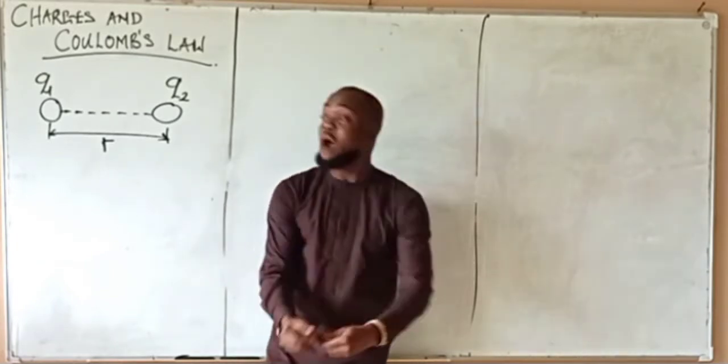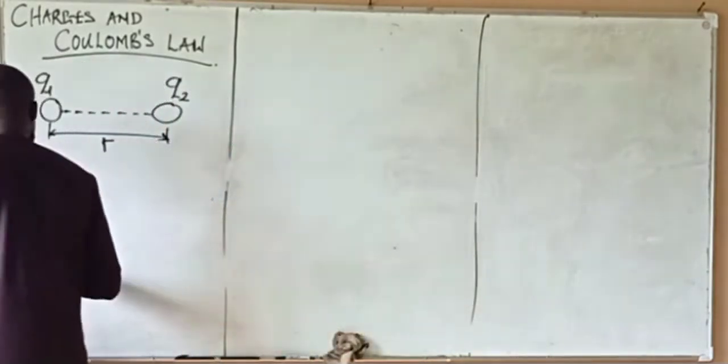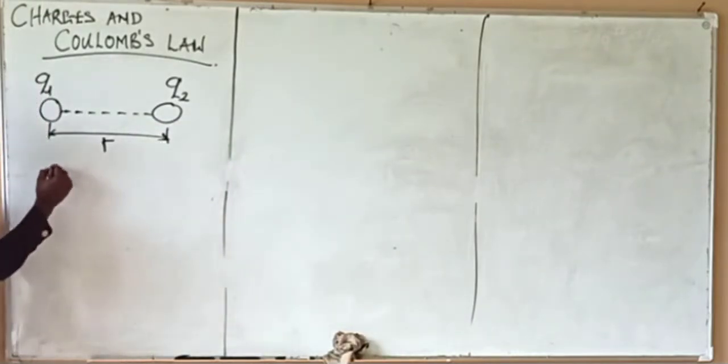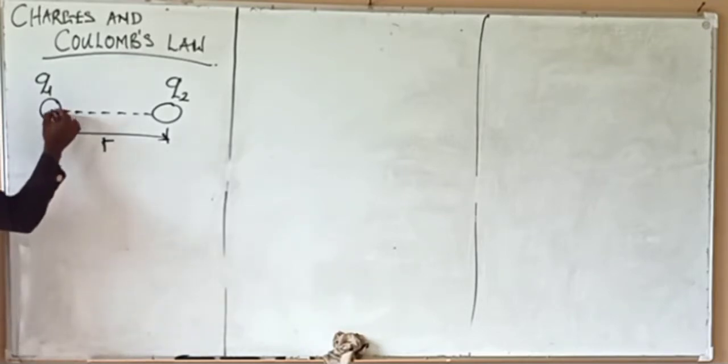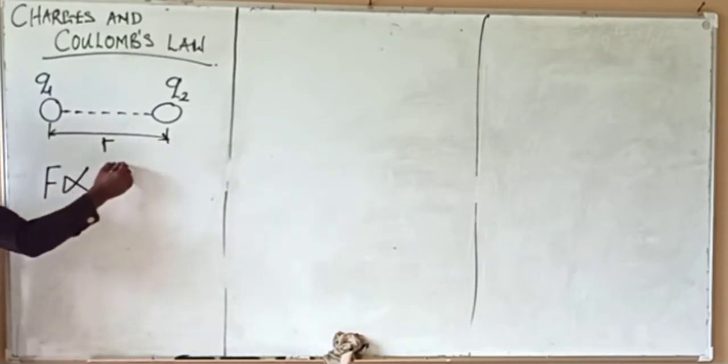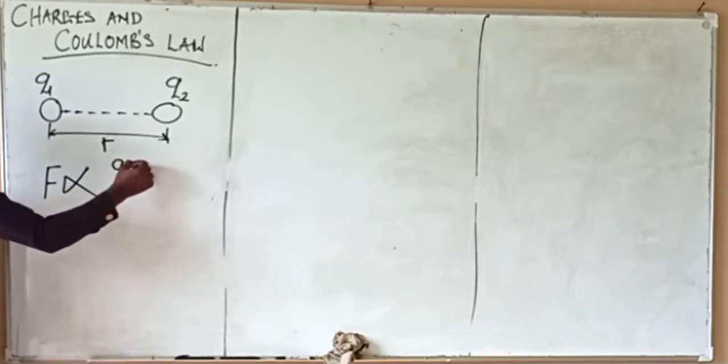Take note of that. Now, mathematically, this is saying that the force F of attraction or repulsion between two charges is directly proportional to the product Q1 times Q2.